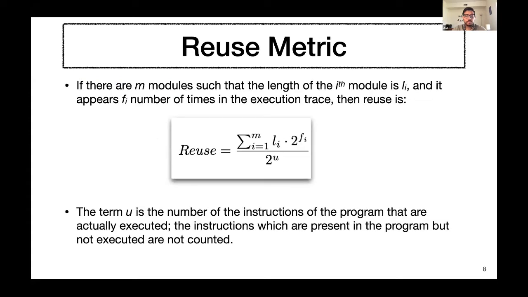So here's the exact formulation of the metric. We have M modules where the length of the ith module is Li and it appears Fi number of times. And U is the number of instructions of the program that are actually executed. If an instruction does not appear in the execution trace, it is not counted while calculating the reuse metric.